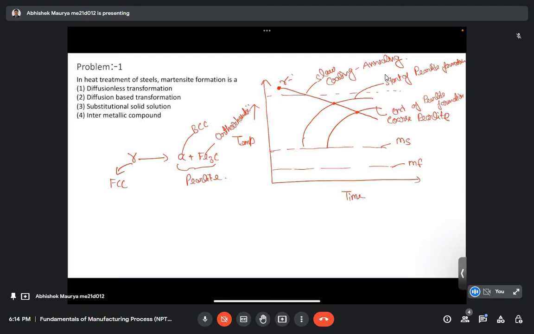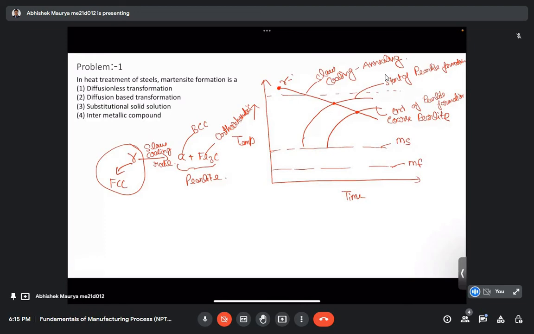This transformation happens at a very slow cooling rate. Since the cooling rate is slow, the austenitic gamma gets sufficient time for diffusion.